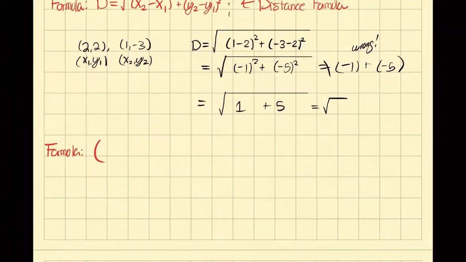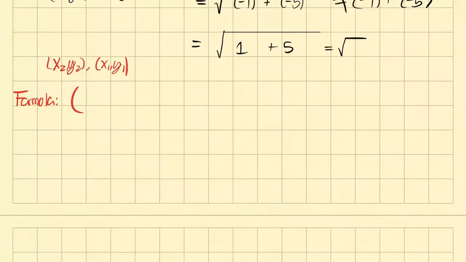So again, between x2, y2, and x1, y1, just two random points that you pick, the midpoint between these two is really just the average of the 2 points.